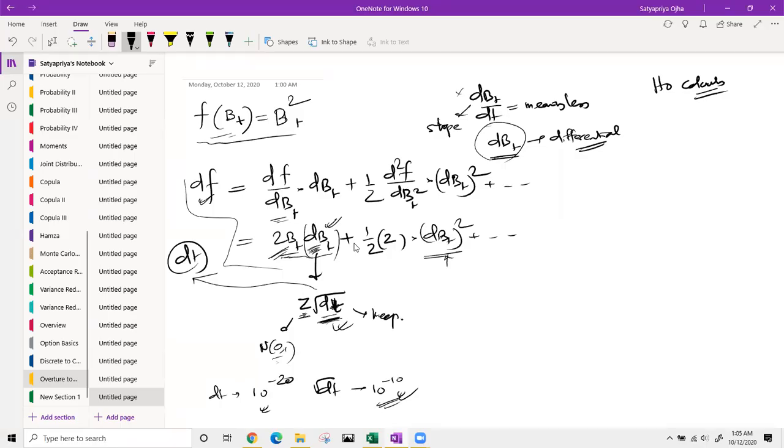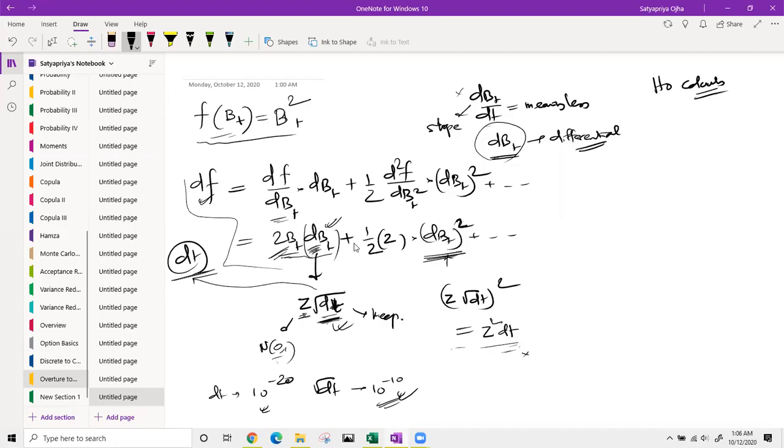Typically in ordinary calculus, we ignore the second order terms. But here, let's see what happens. What is dbt square? It is z square root of dt, whole square, correct? Which is z square dt. So the order of this quantity is at par with dt, and I cannot ignore this term.